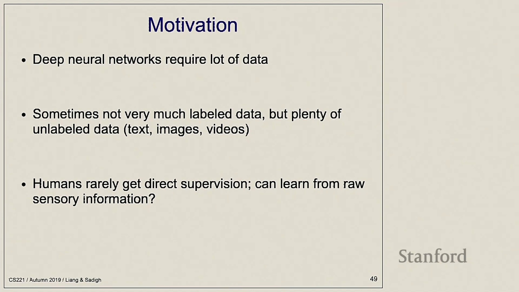But if you're a smaller lab, or if you don't have enough money to pay for a data set, or even if it's a hard problem that there just isn't a lot of data for, there are a lot of cases where there isn't enough data to train these very large models with millions, billions of parameters. On the other hand, there's tons of unlabeled data lying around. You can download the whole internet if you want.